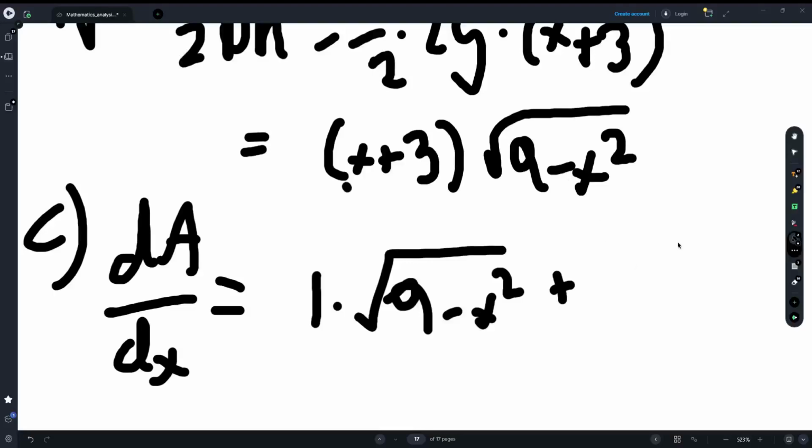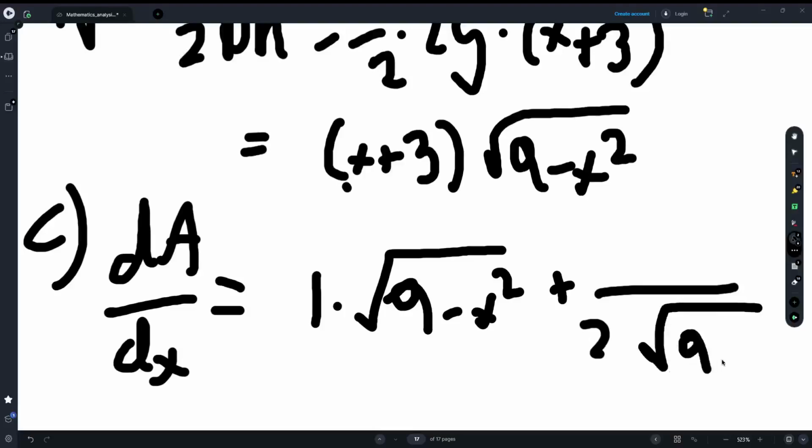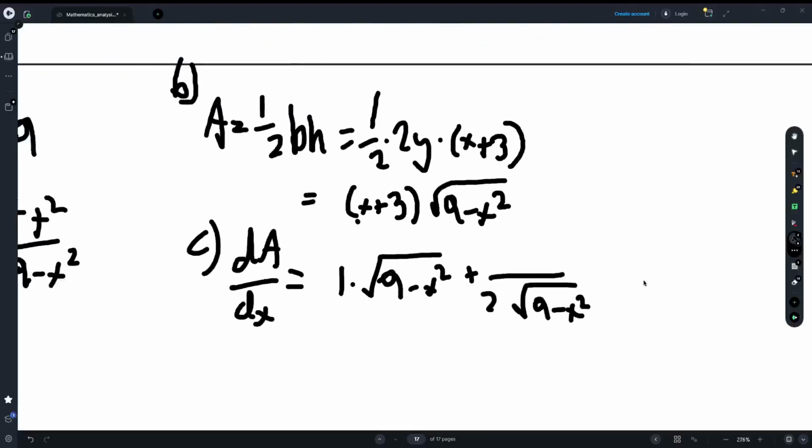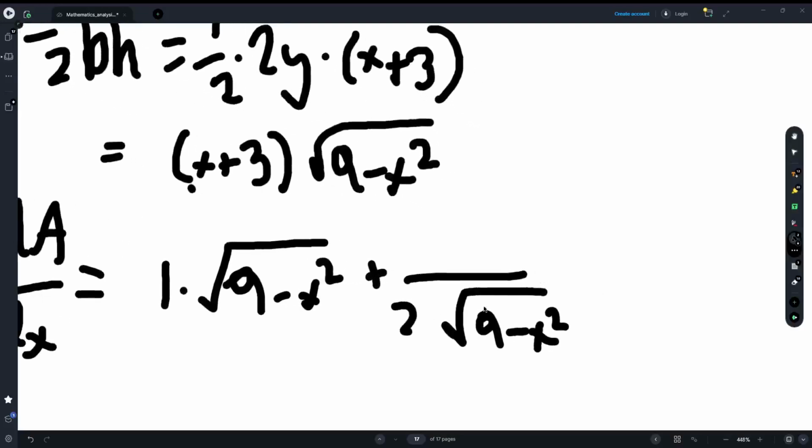And then we take the derivative of this, which is something over 2 root 9 minus x squared. And the derivative of the inside of the function by the chain rule is just going to be negative 2x because of the x squared, and then we multiply it with the first function.